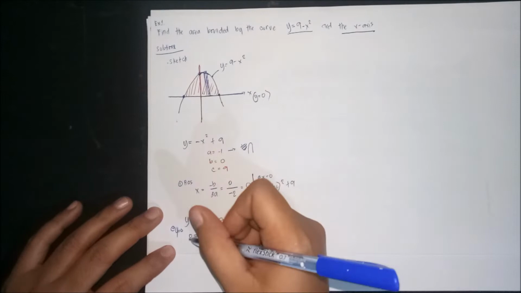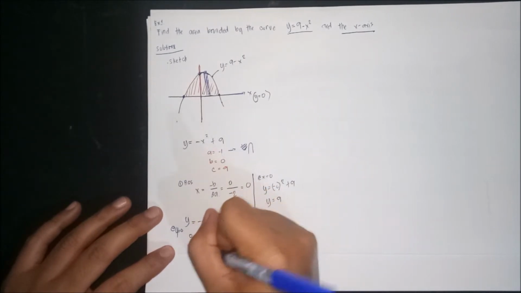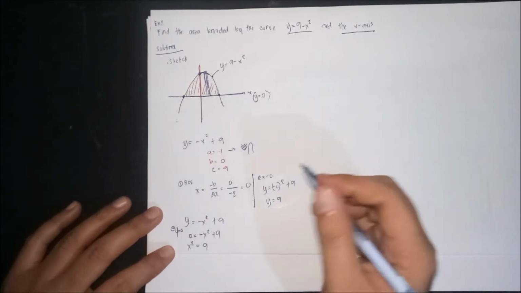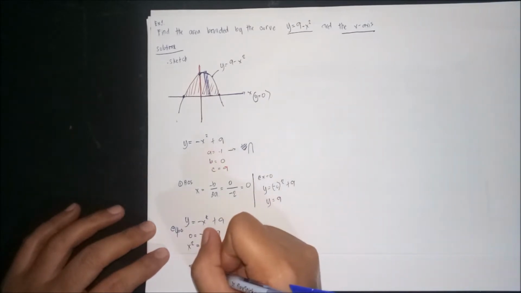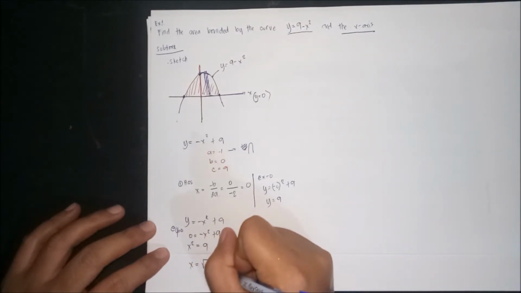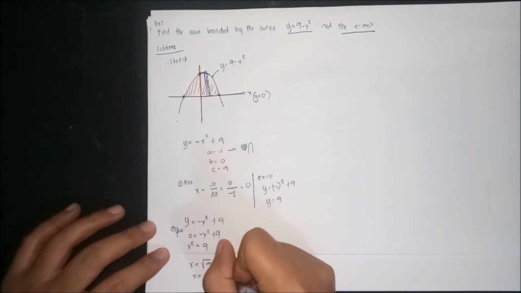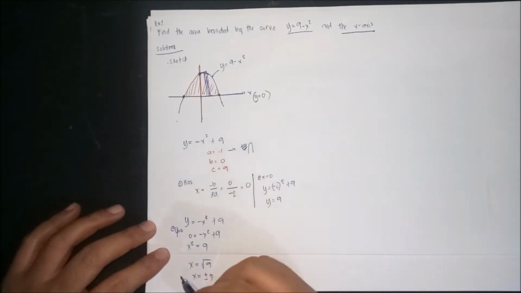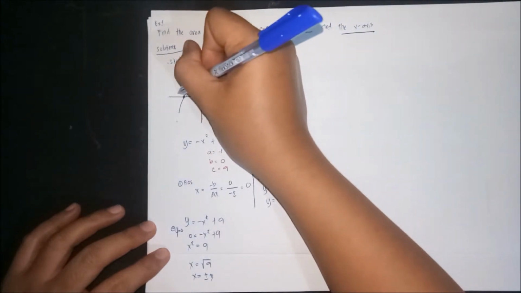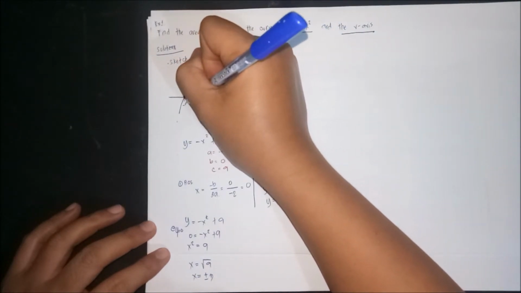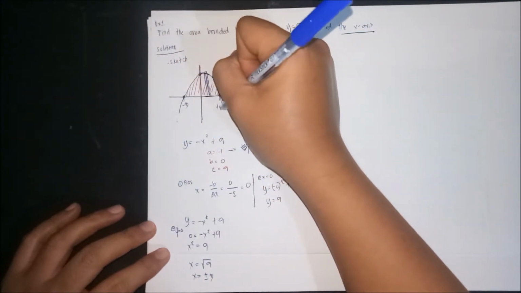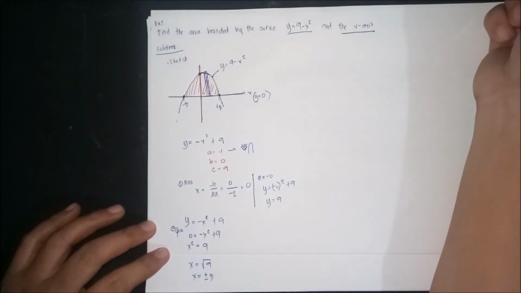Kita pa ba? That would be x squared is equal to 9, and that would be x is equal to square root of 9. Yung x natin ay positive negative 3. So, ibig sabihin, we have here negative 3 and positive 3. So, that would be our limit.